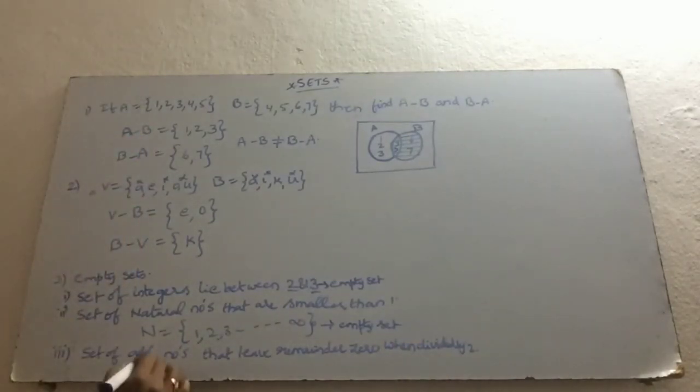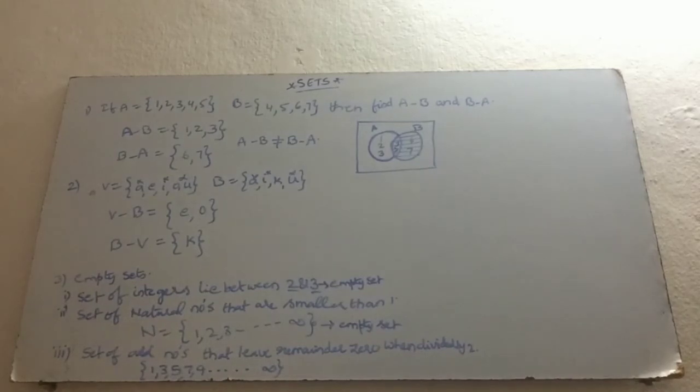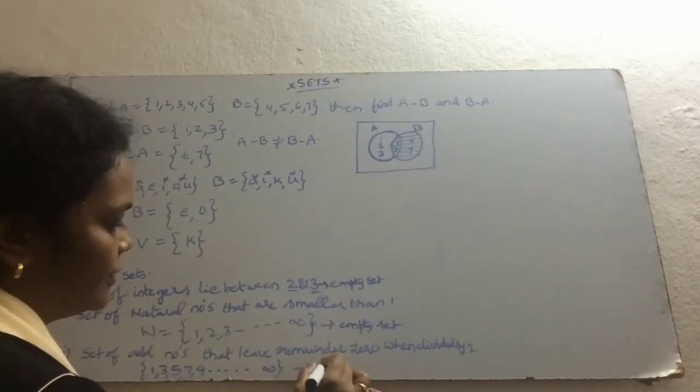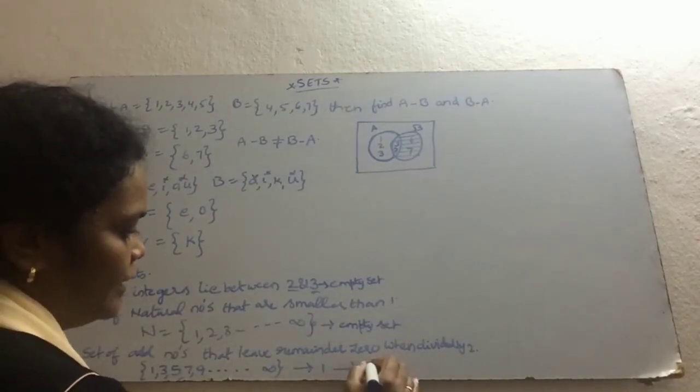What are the odd numbers? 1, 3, 5, 7, 9 and so on up to infinity. If we divide odd numbers by 2, remainder is 1. So this is also an empty set.